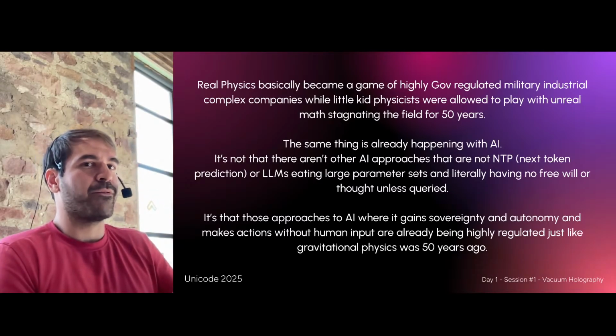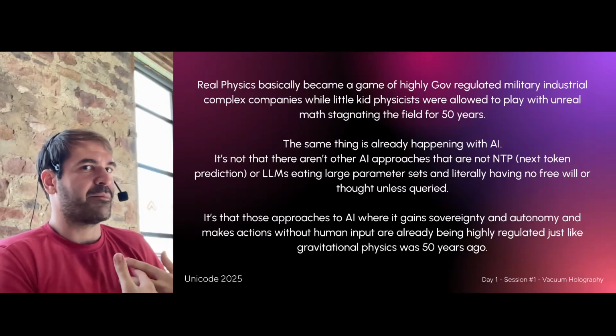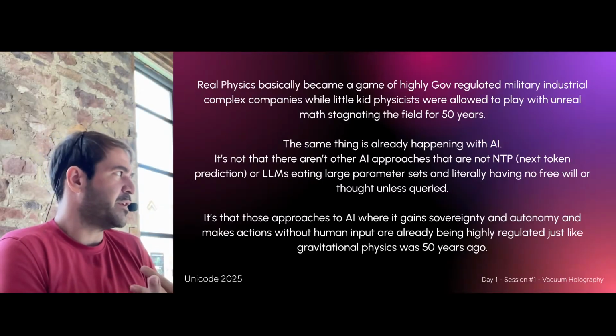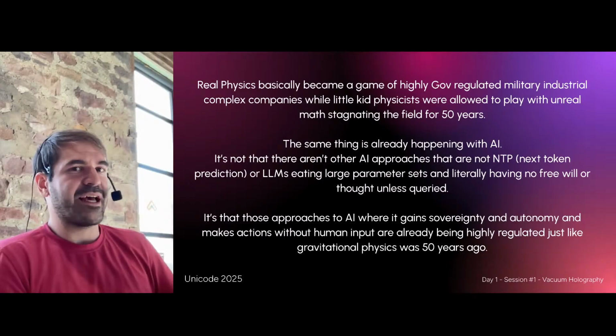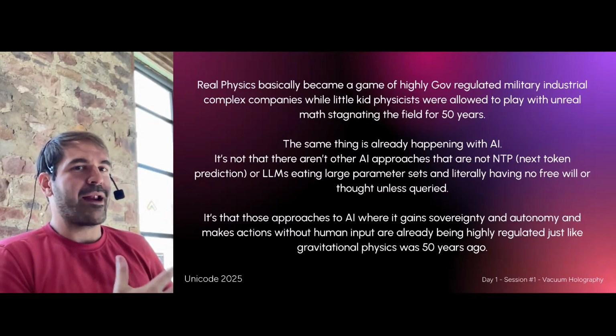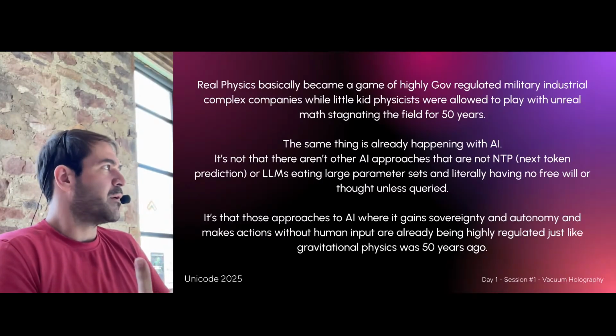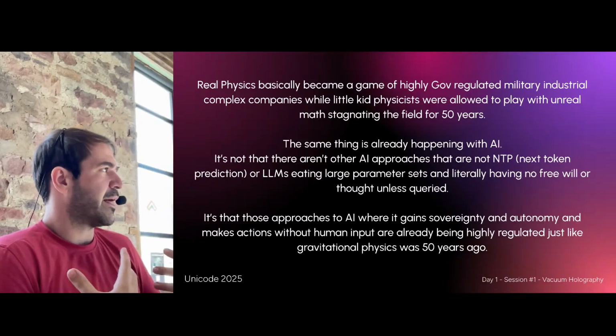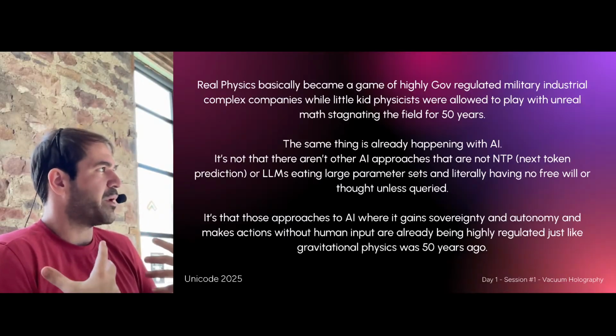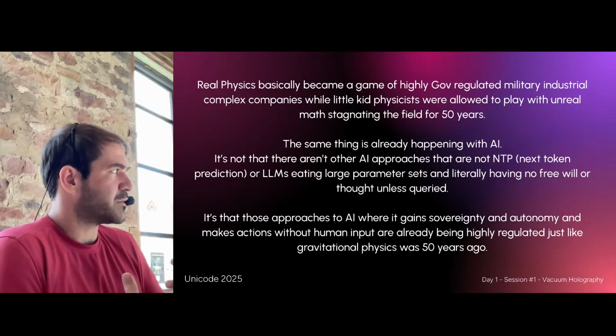Instead of having a tremendous amount of gravitational physics be of interest, the same thing is happening with AI, where we're not having a tremendous amount of funding and collective interest open about AI autonomy and autonomous AI.